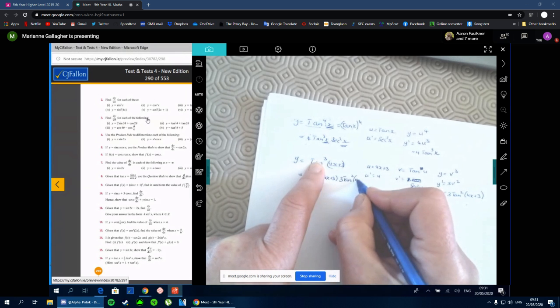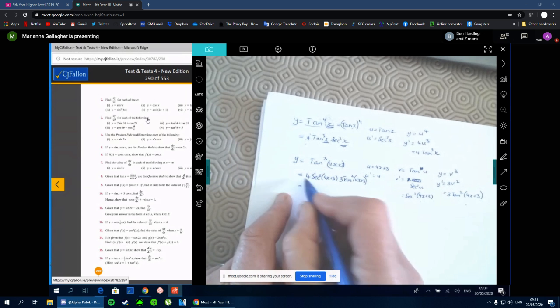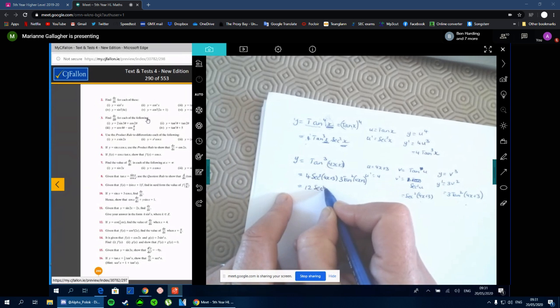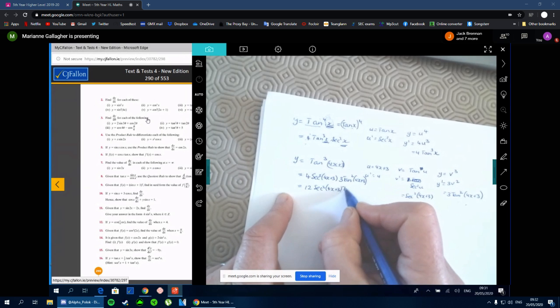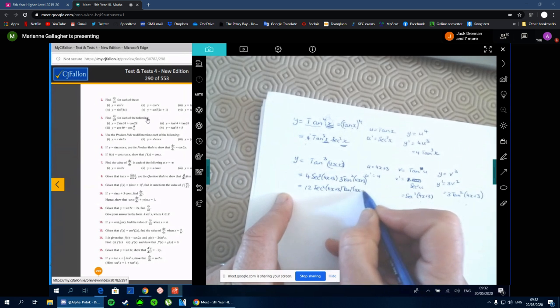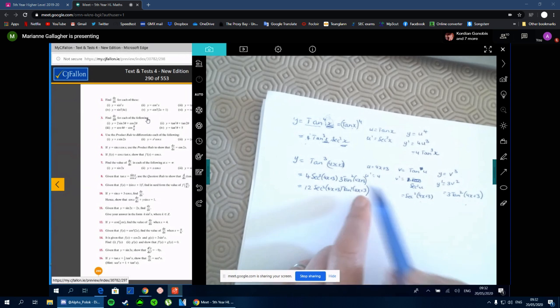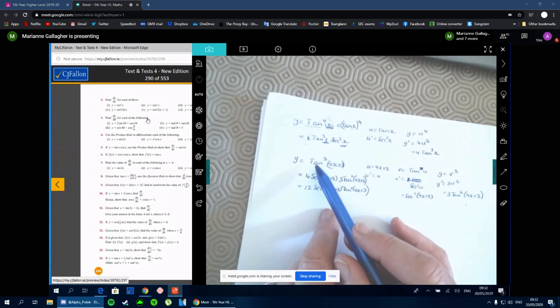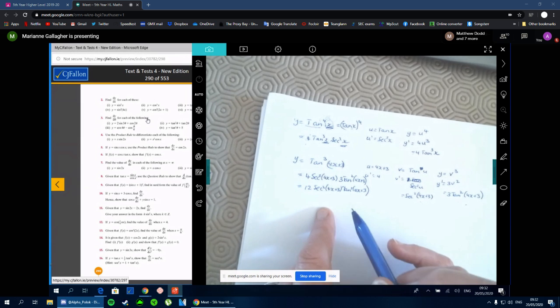This goes down by 1, and the input or the angle stays the same. Then you can multiply it out: 4 times 3 is 12, sec squared of that angle times tan squared of the same angle. Okay, so to avoid having to go through all of this, you need to practice identifying how many functions there are and differentiating each one on its own. Any questions on that?